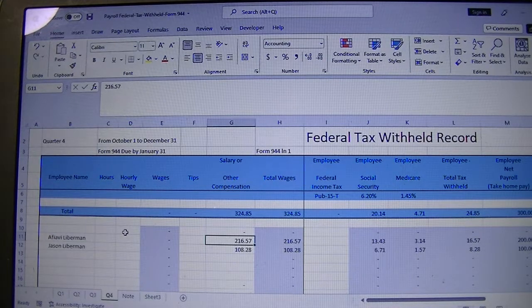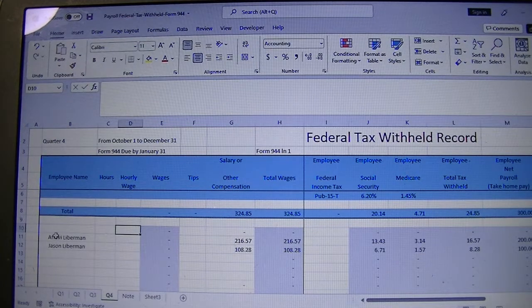I will explain the form in another video, but you have the option for hourly. If you have employees you pay by the hour, you enter their name, the hours they worked, and how much you pay per hour. It will calculate the wages for you. You have a section for tips, but to keep it simple, I'm going to focus on other compensation.